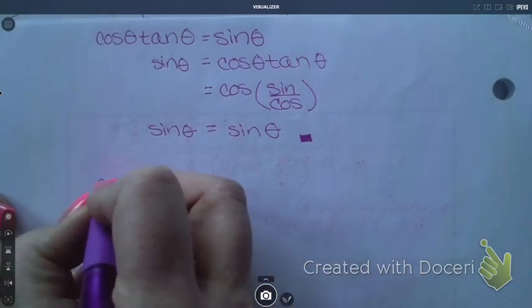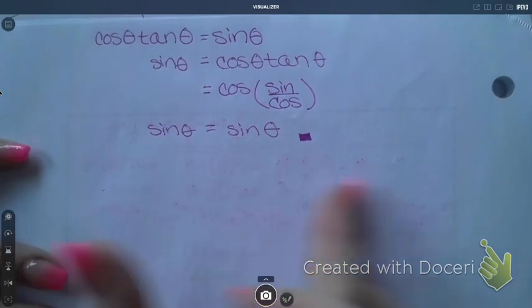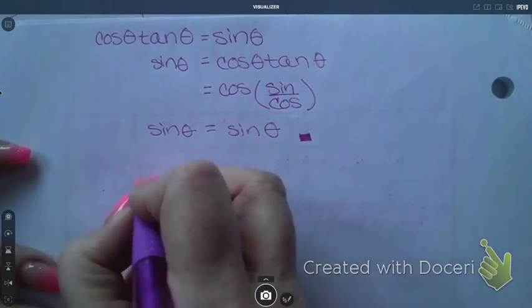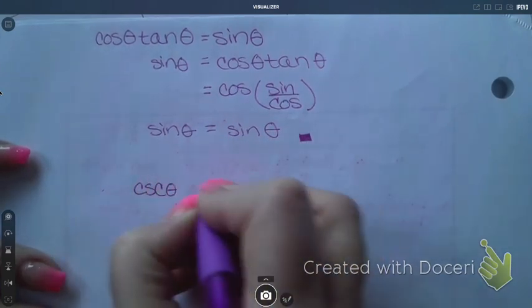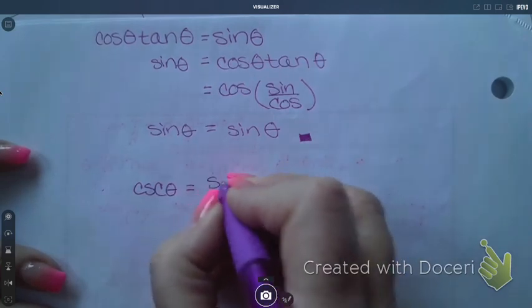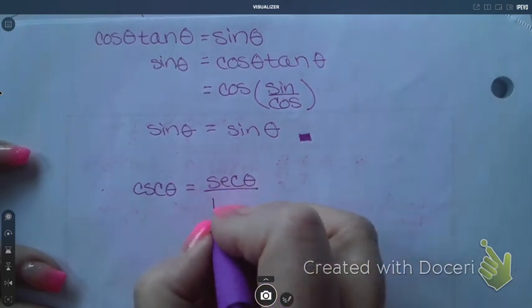Okay, it's going to say make the left look like the right, so I'm going to flip them. Does that make sense? So cosecant of theta equals secant of theta over tangent of theta.